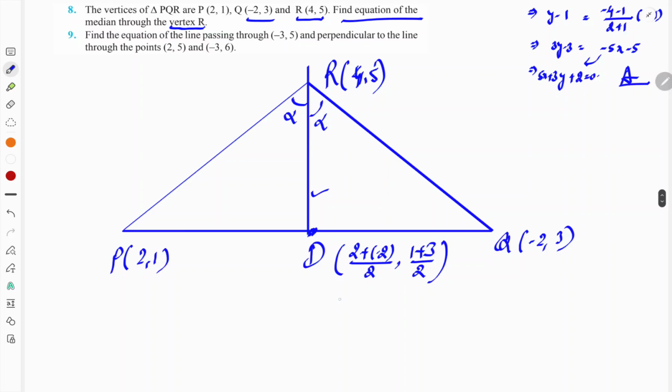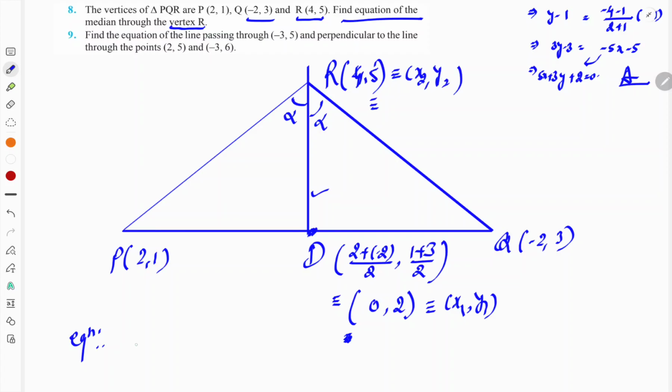So we get the point (0, 2). Now it becomes the equation of the line passing through 2 points R and D. So the equation y minus y1, let's say this is x1, y1 and this is x2, y2. So what will the equation of the line be?